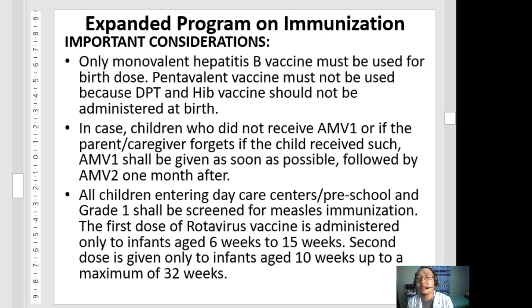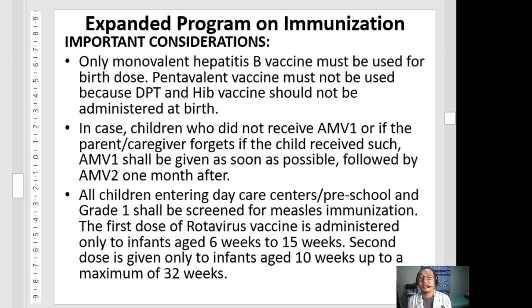Pentavalent vaccine must not be used because DPT and Hib vaccine should not be administered at birth. Later on when you study, you should remember the minimum age requirement for those vaccines and the gap between the doses of vaccines.